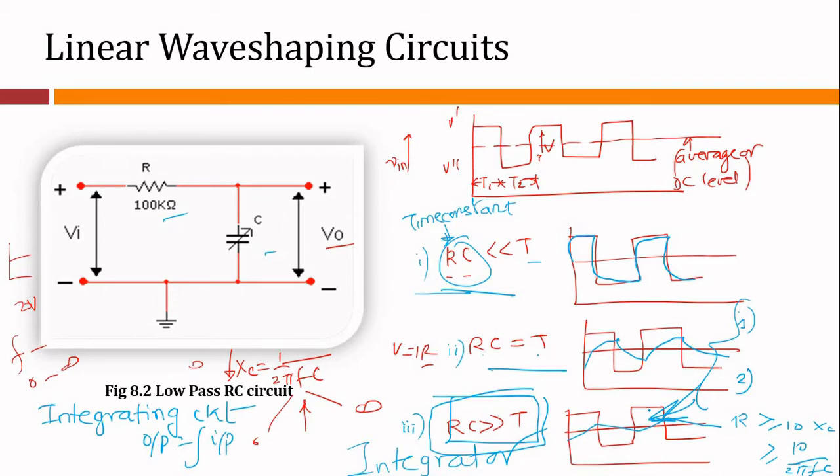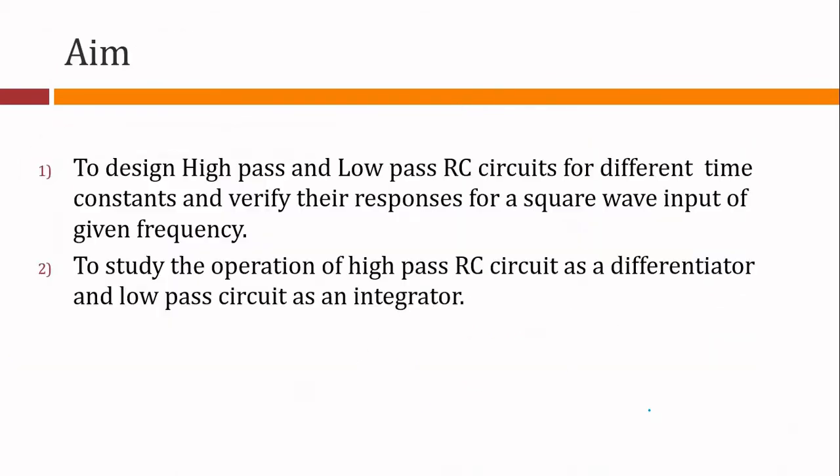The second point: an integrator is less sensitive to noise voltages than the differentiator because of its limited bandwidth. The third point: the amplifier of a differentiator may get overloaded in case the input waveform changes very rapidly. And the final point is that it is more convenient to introduce an initial condition in an integrator. Fine. So these are the reasons why we prefer integrators over differentiators in analog computer applications.